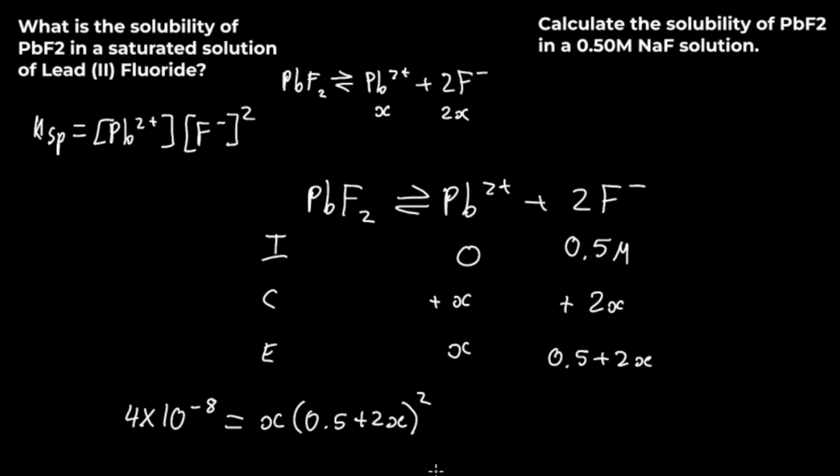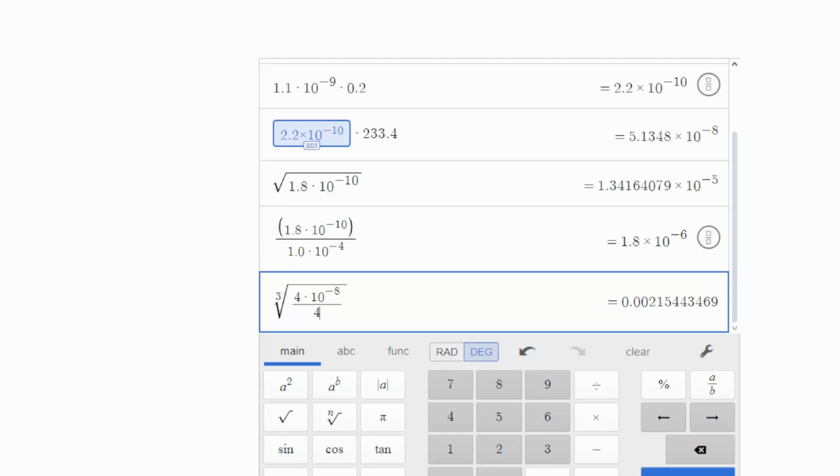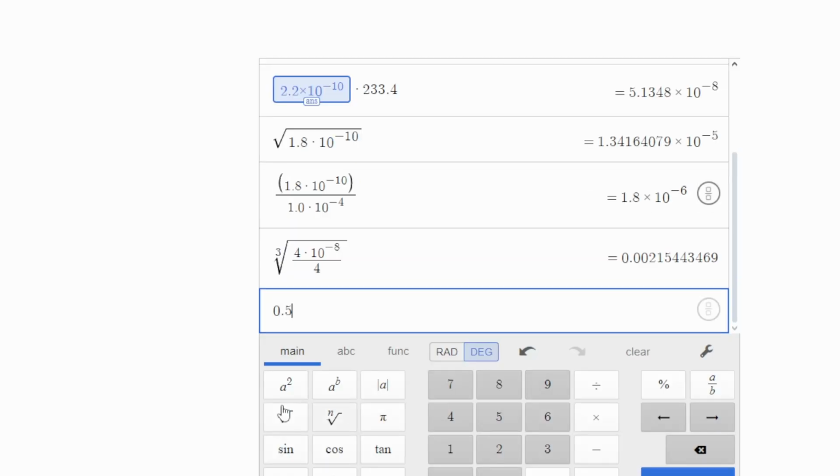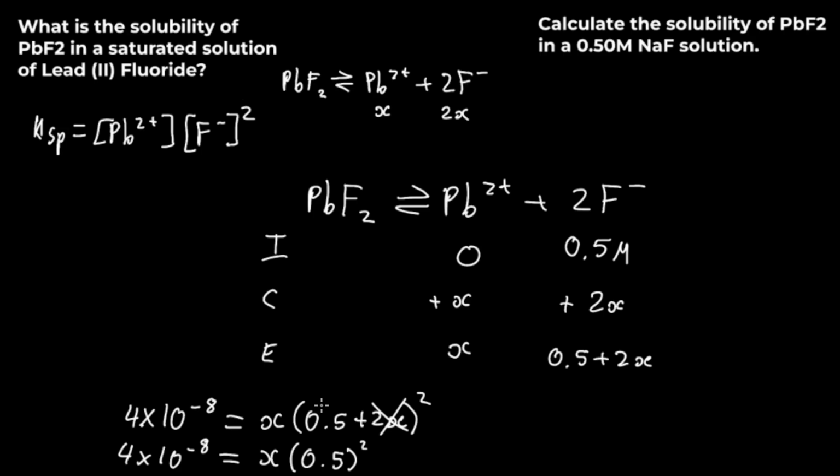Now, despite it still being doubled, we can still disregard the x in the brackets, but that doesn't mean that the coefficient goes away or anything like that. So that means that our expression will now be 4 times 10 to the negative 8 equals x times 0.5 squared. So 0.5 squared should just be, I don't know, I'm bad at math and I'm lazy, 0.25.